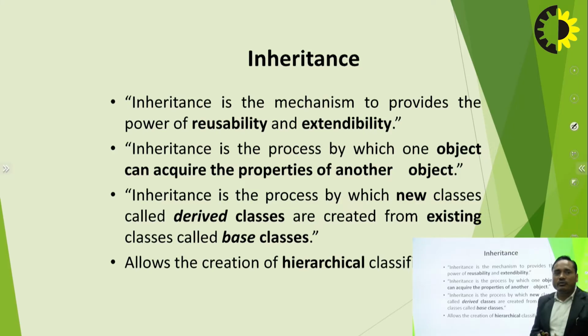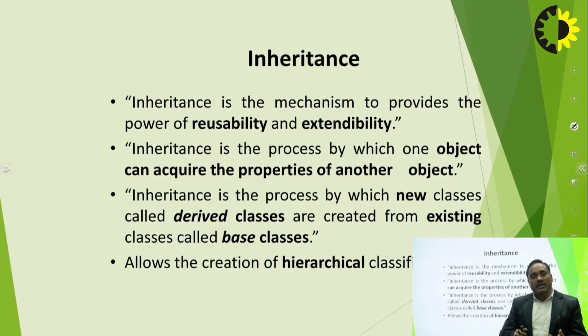Hierarchical means that if you create a derived class, every derived class has some features of the base class. If you create another derived class, it can be created from the upper class, which behaves as a base class. So every class which acquires the property of the base class will behave as a base class. It means that if you create more than one derived class, we follow the hierarchical structure.